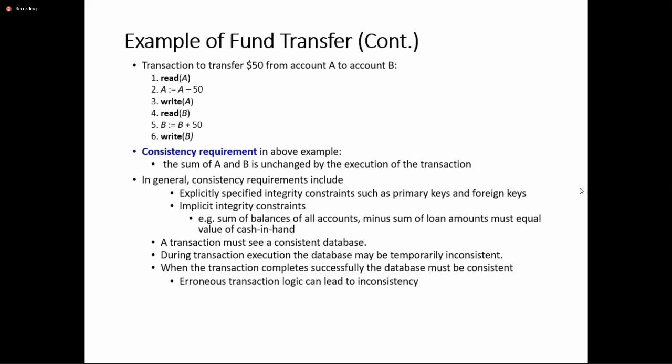Read the balance for A. That's a read. Then deduct the $50 and get the new balance for A, write it. Again, we want to update the balance.